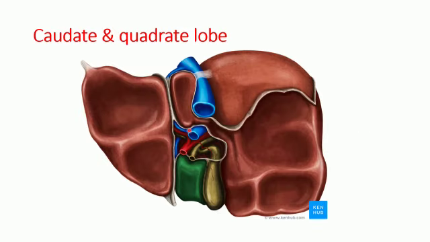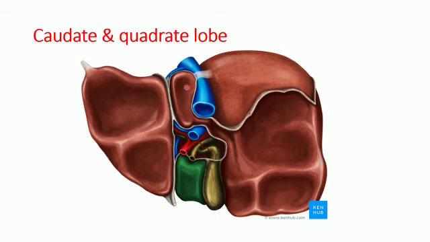So coming back to the other lobes, the caudate lobe as well as the quadrate lobe. We have already dealt with the caudate and quadrate lobes while reading about the posterior surface as well as the inferior surface of the liver. The caudate lobe appears comma shaped. It lies on the posterior surface of the liver.